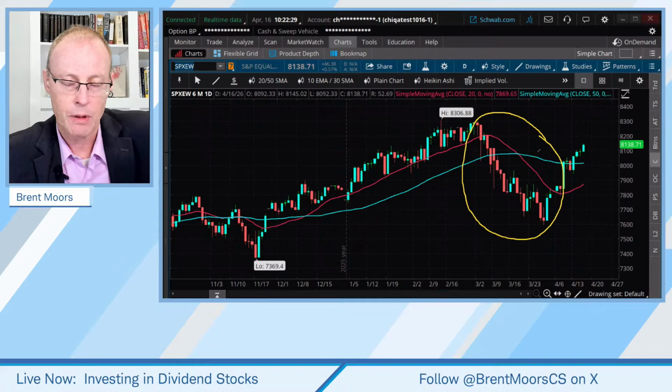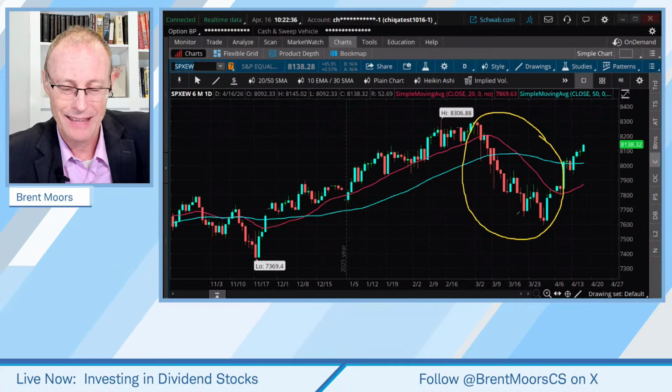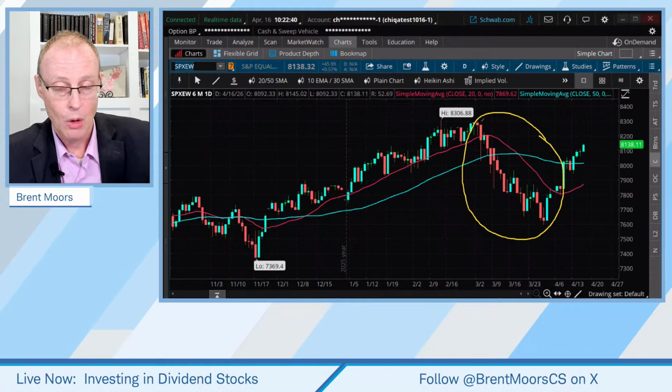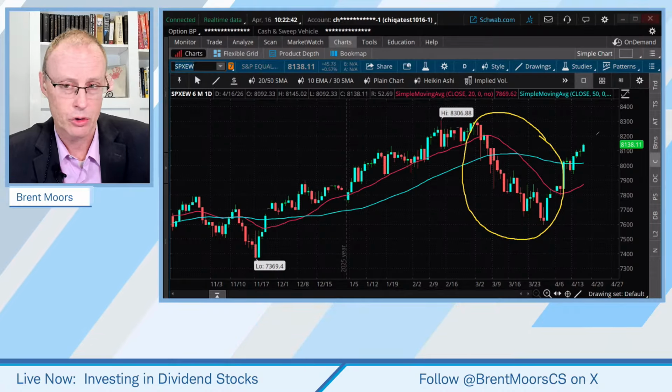When the market is pulling back like that, the vast majority of stocks are probably going to be pulling back at that time. Now, this has been kind of a weird pullback because we pulled back and then it really strongly recovered. It doesn't always do that.